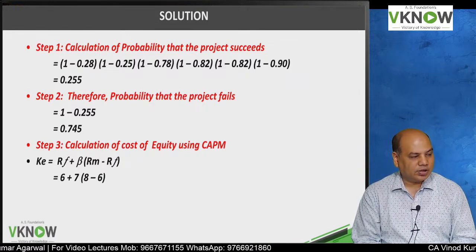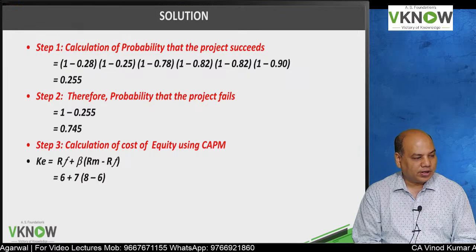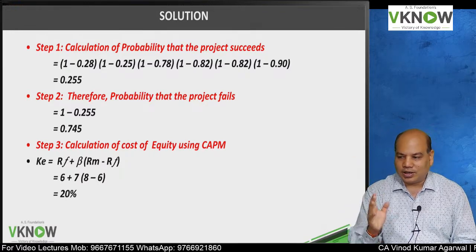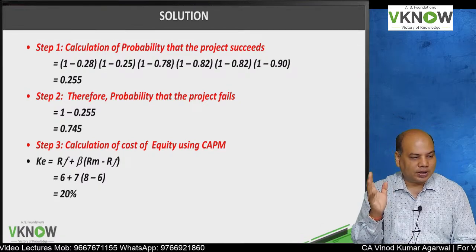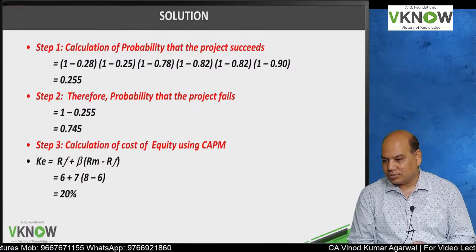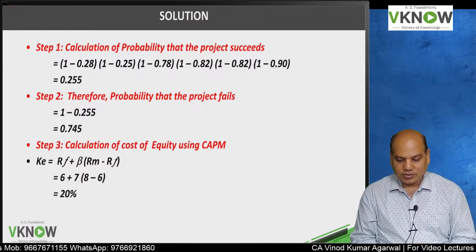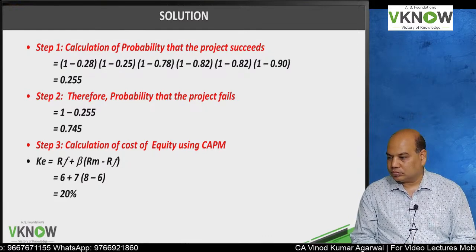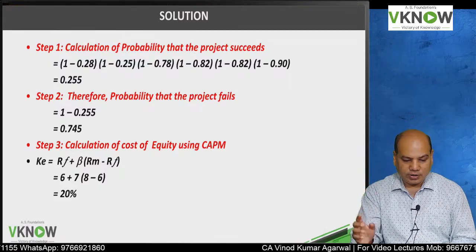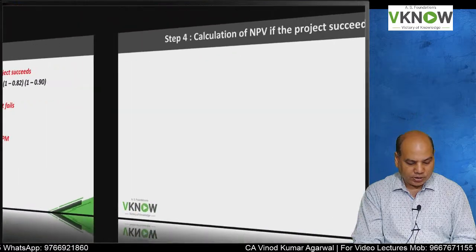Very risky project, so beta is very high. Beta of 7 is abnormally high, but in venture capital this is possible. So that is 20%. Is it right? Now I need to compute NPV if the project succeeds.